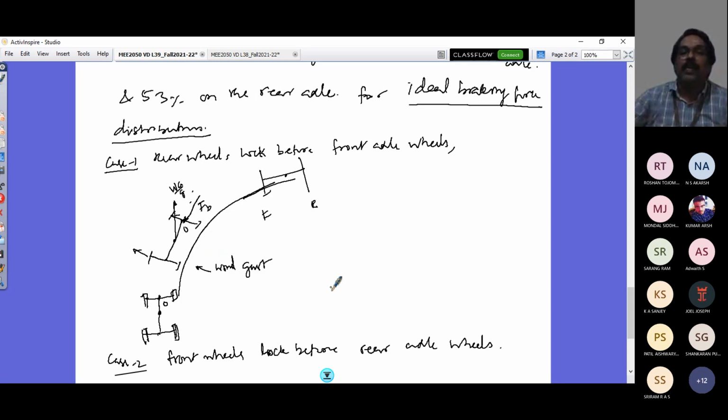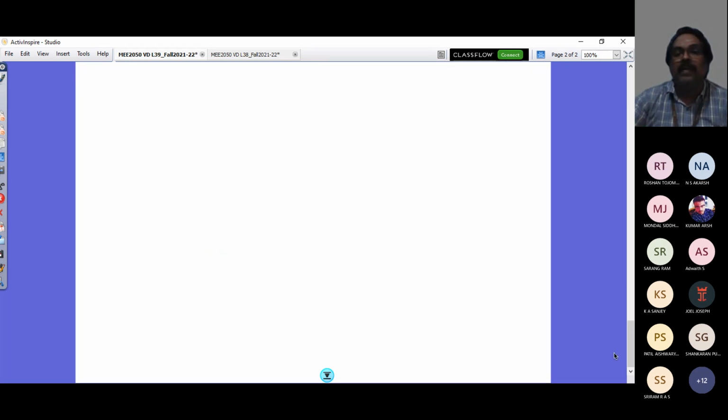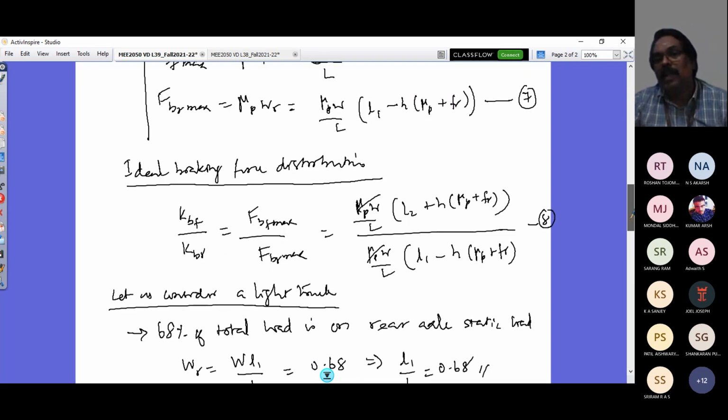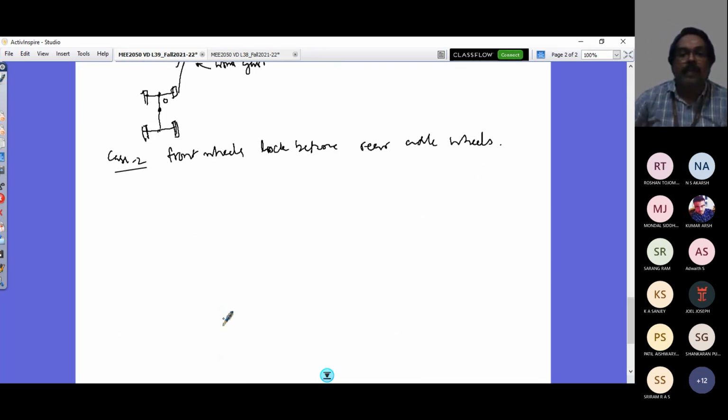So in that scenario, what would happen to this force? It will be like this. Your yaw center would be here. If you look at it, here the vehicle comes straight. This is your rear axle. The smaller one is your front axle.